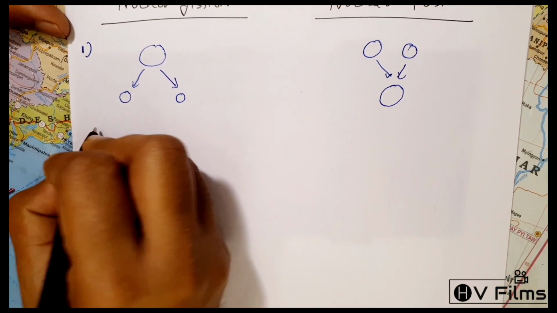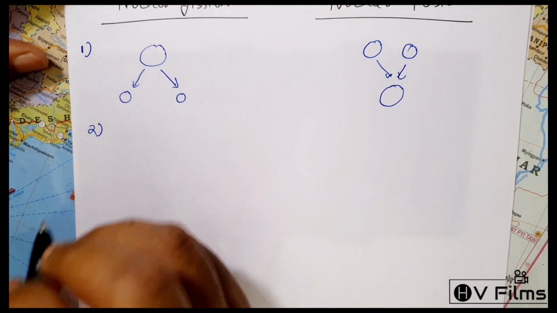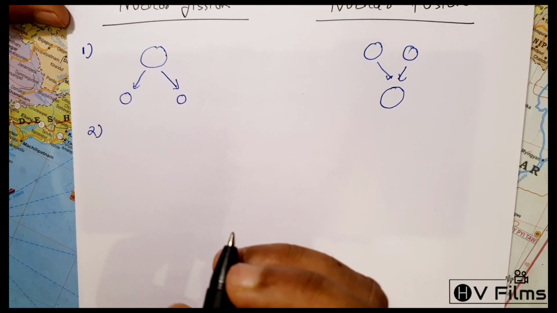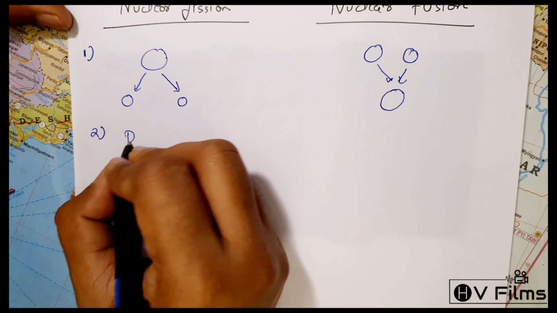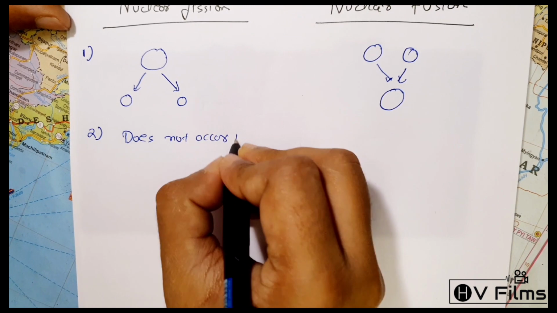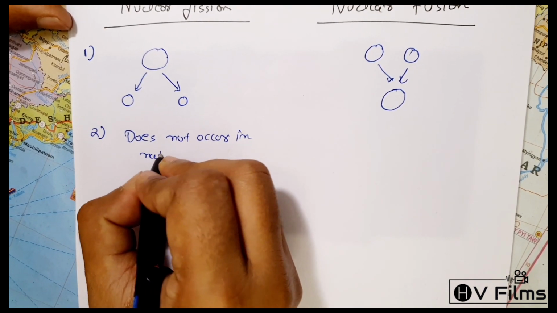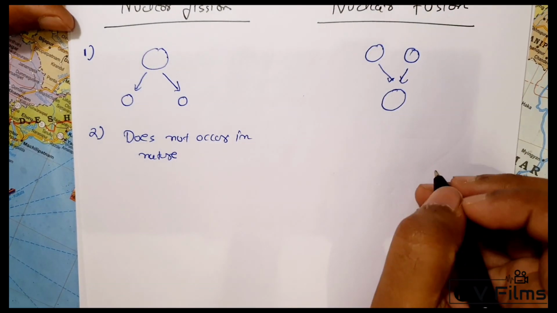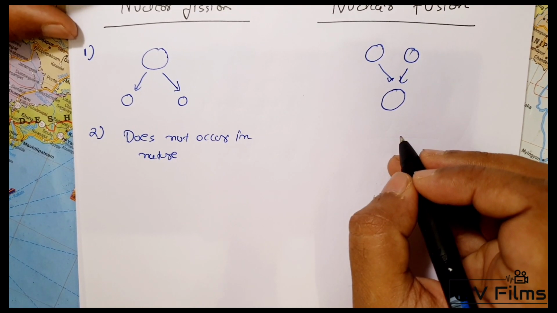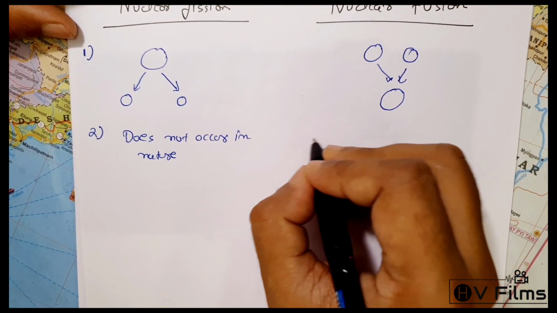The next thing is about the natural occurrence of the process. The fission reaction does not occur in nature so often. It does not occur in nature normally. But the fusion reaction does occur in nature, and we can see it in stars.